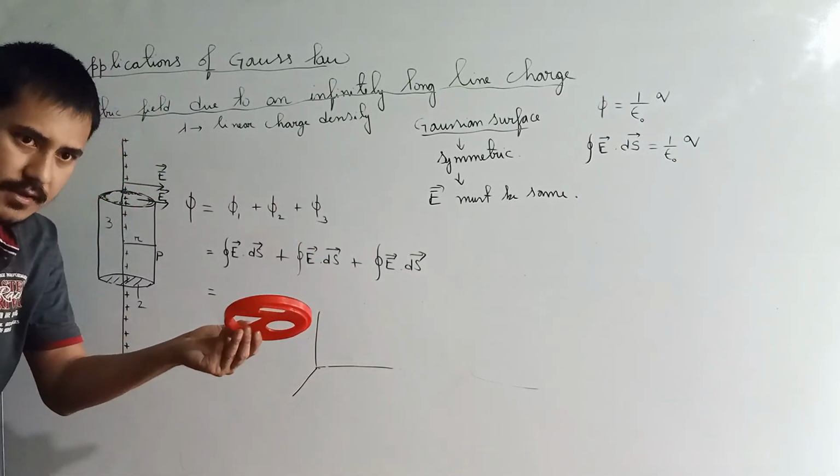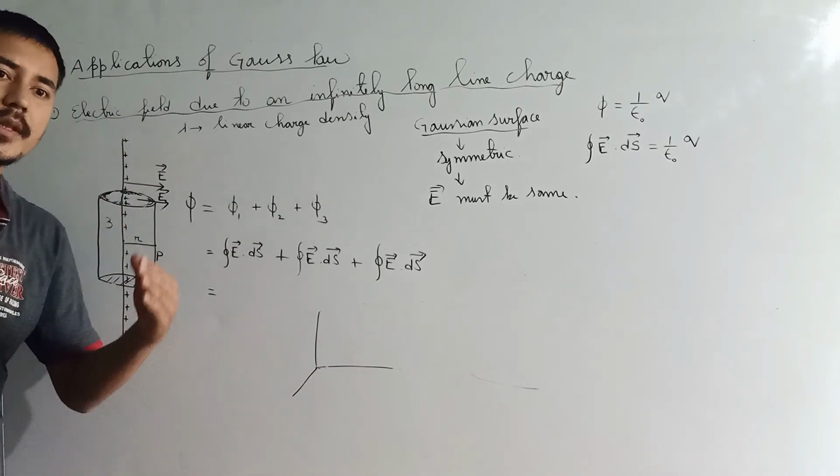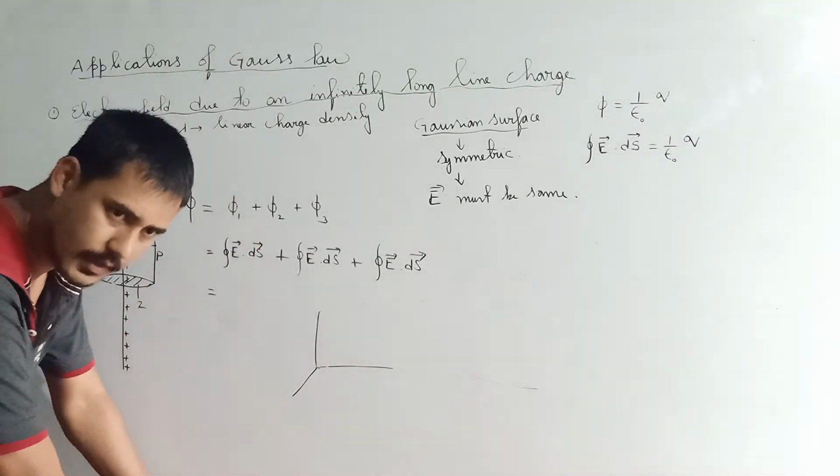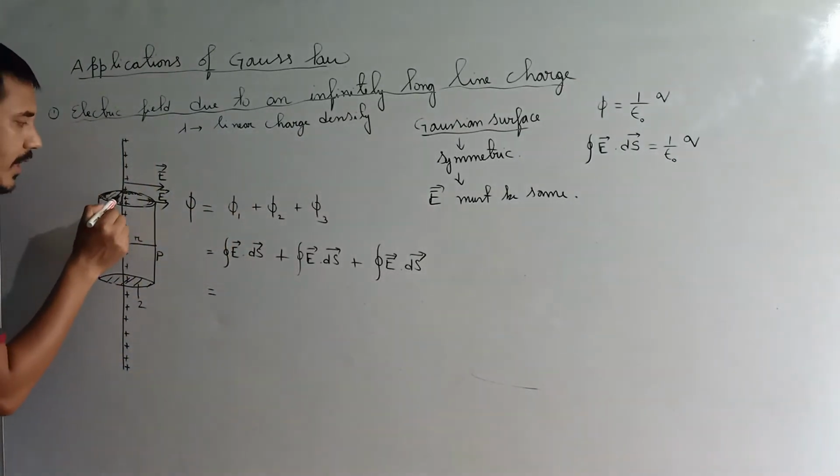That is for an open surface. But for a closed surface, the area vector is always perpendicular outwards. Okay? Yes.